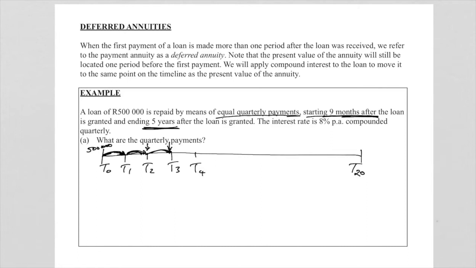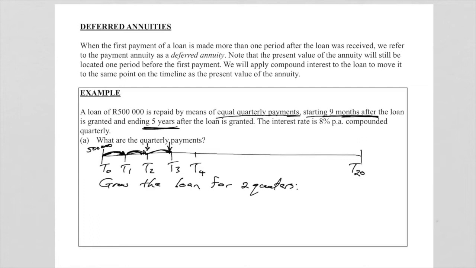So that means now that we need to grow this loan for 2 periods, or for that matter, 2 quarters. Now, if we say we grow the loan, you will hopefully agree that there are no payments.